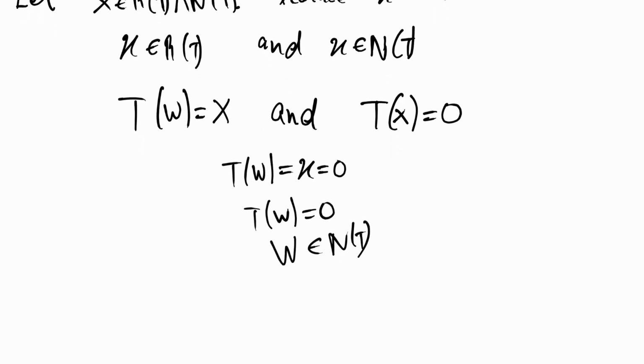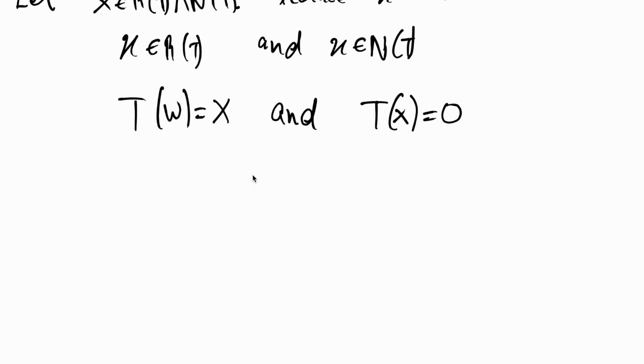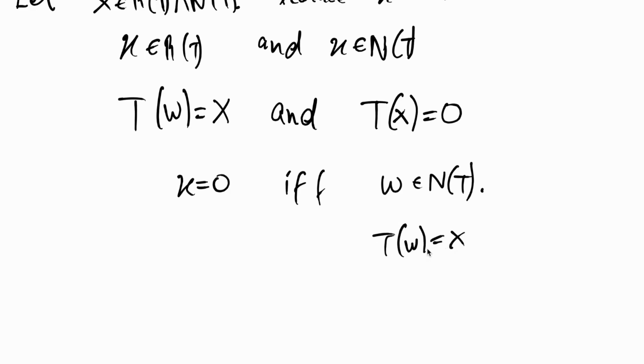So showing that X is equal to 0 is equivalent to showing that W is a part of the null space of T, because TW is equal to X. If W is in the null space, then TW would be equal to 0, which implies that X is equal to 0. So to show that X is equal to 0, we can simply show that W is part of our null space.